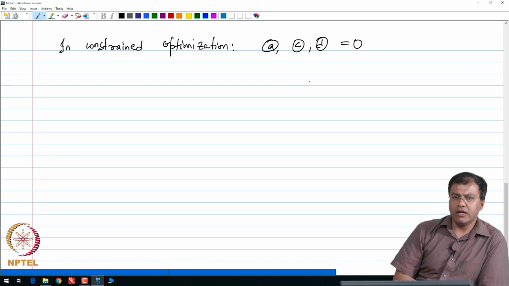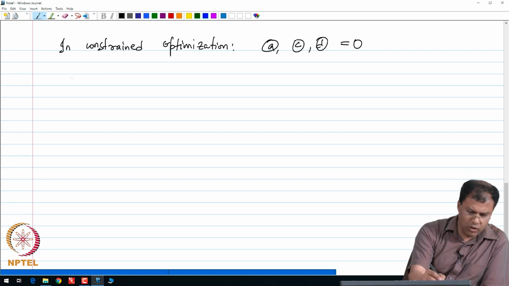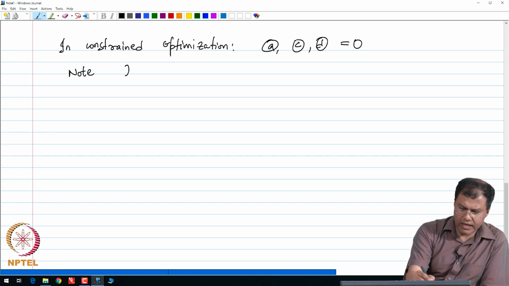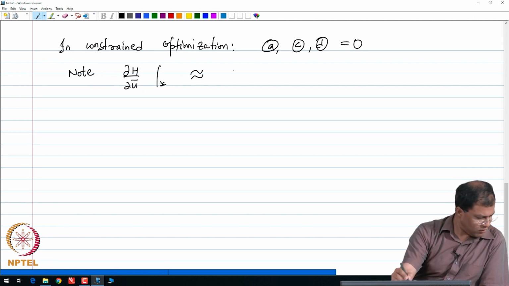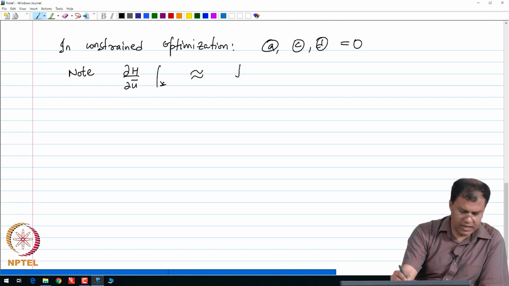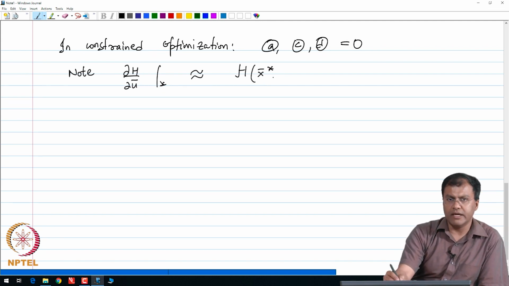Now, we cannot differentiate h with respect to u. So, instead notice that partial h partial u can be approximated. These partial derivatives we will approximate by a difference.